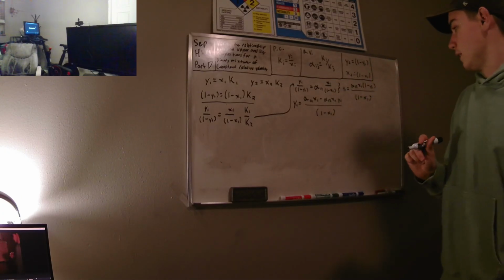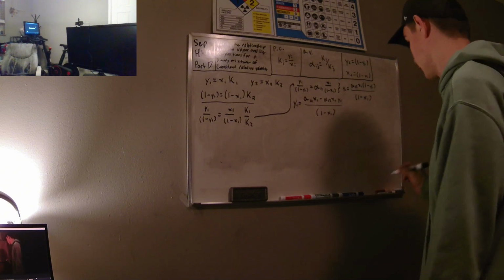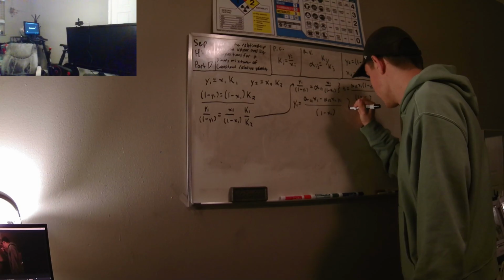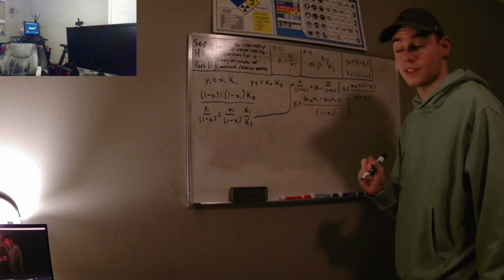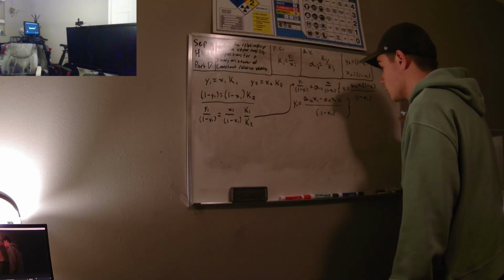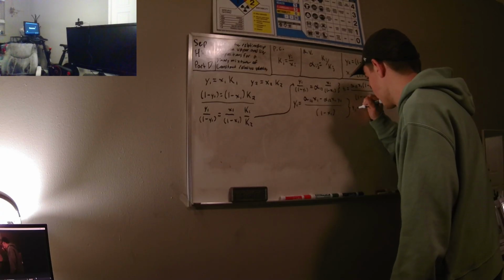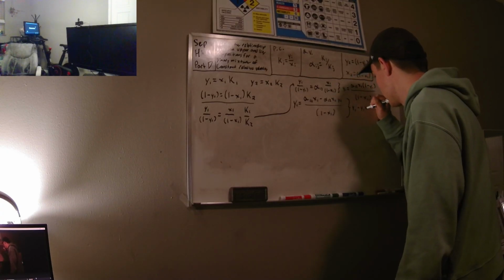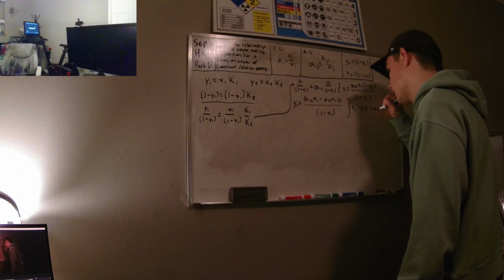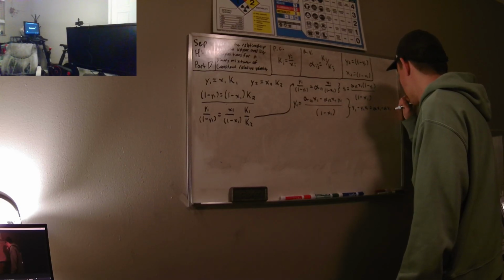Now again, we're going to distribute this out to this side. I'm being very careful here, not taking any chances, as I've heard some scary things about this algebra. It's going to give us y1 minus y1 x1 equals alpha x1 minus alpha x1 y1.